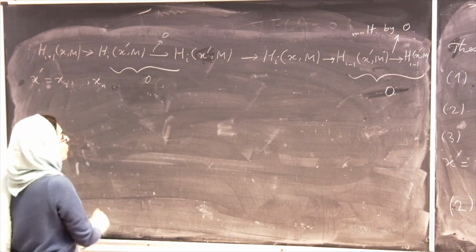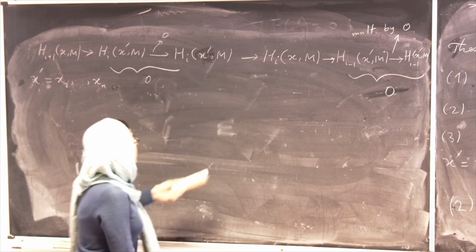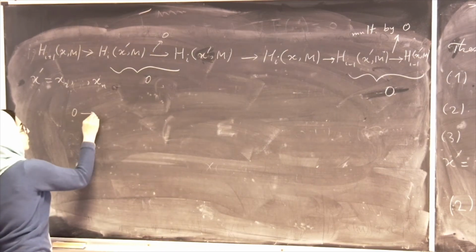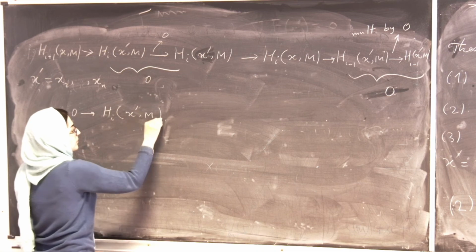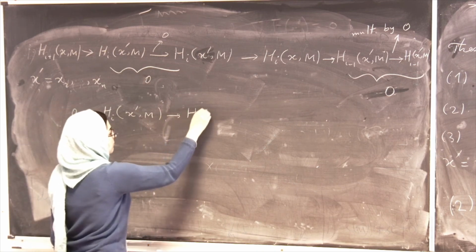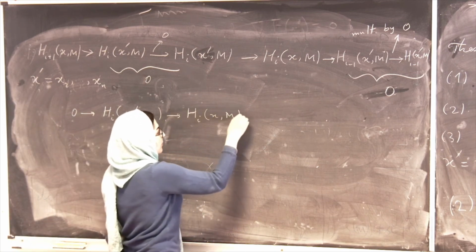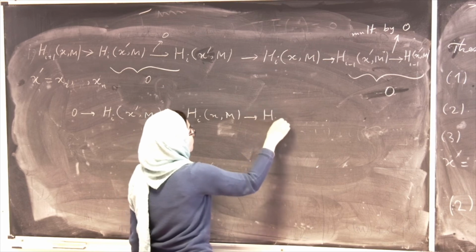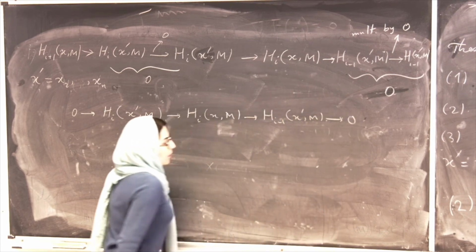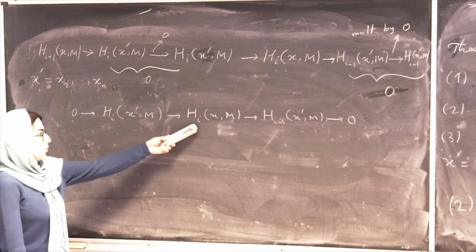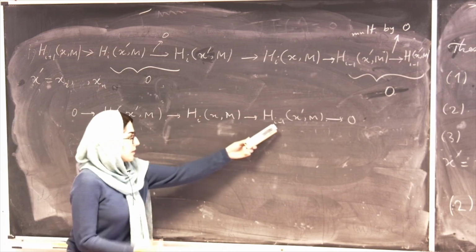So this is 0. So I will get a short exact sequence of this form. So the length of the middle one is the sum of these lengths.